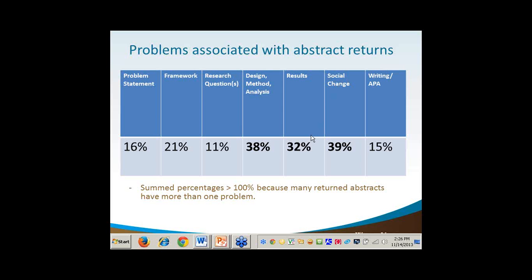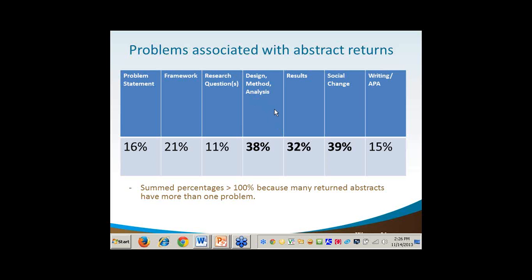And for those of you who wrote about design, method, and analysis being the most challenging part, there's a lot of truth to that. Although the biggest challenge, just by a hair, what students seem to be struggling with in writing the abstracts is this element of social change. It seems to be a really tricky component of the abstract for students to write, and to write well.